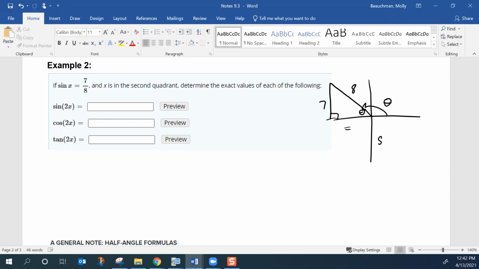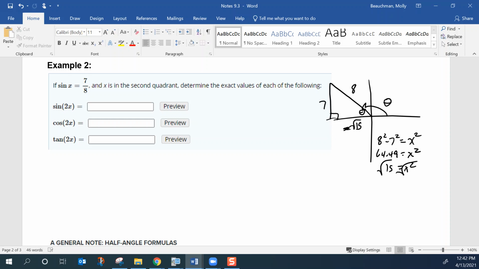So you would take 8 squared minus 7 squared is equal to that length squared, let's call it x. 64 minus 49 is 15. Square root both sides. So this length, we would use negative square root of 15 because it's in the second quadrant.